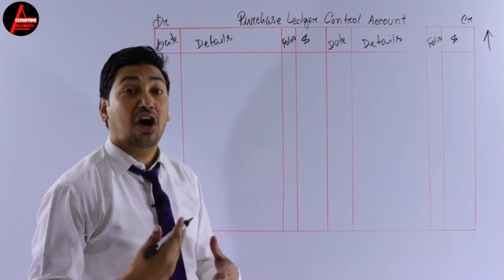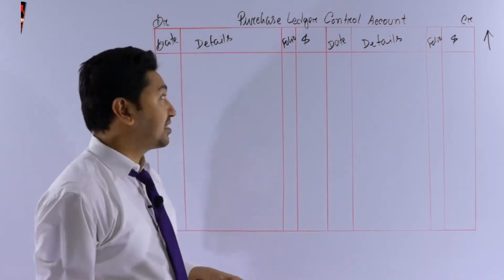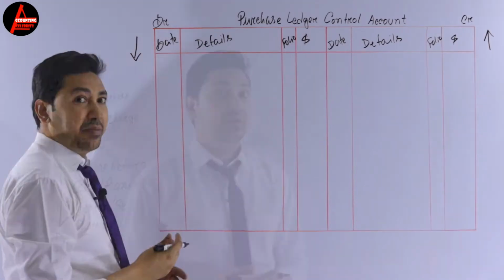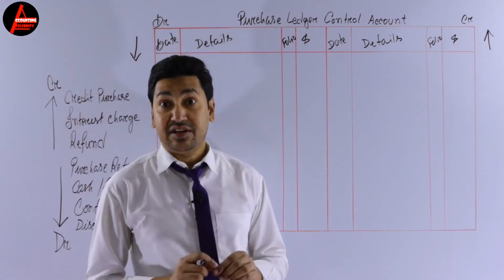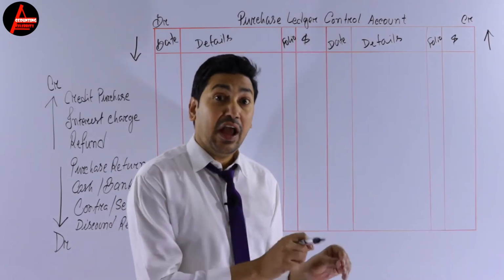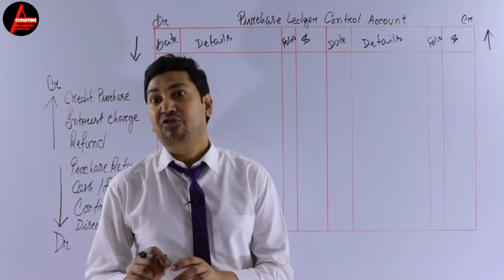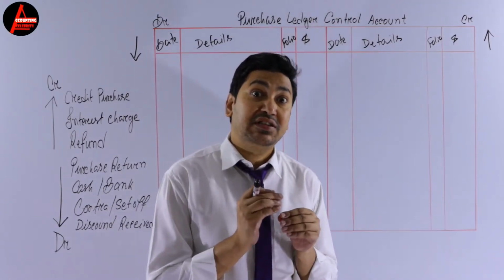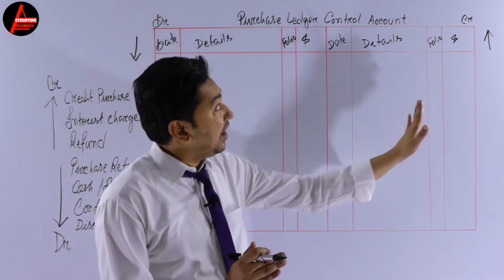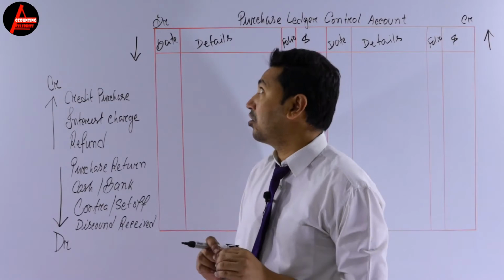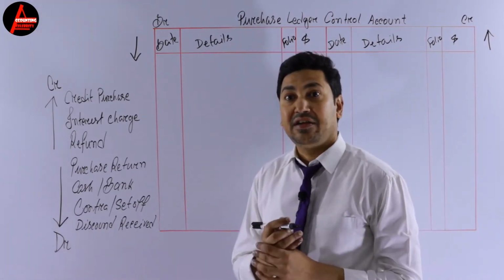If trade payable or creditor decreases, it will be recorded in the debit. Now you have to understand what items will increase the creditor and what items will decrease the creditor. Items that will increase the creditor will be in the credit side. Items that will decrease the creditor will be recorded in the debit side.